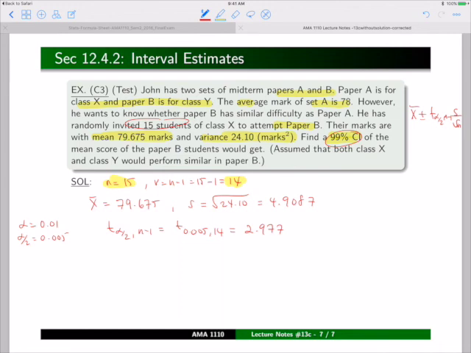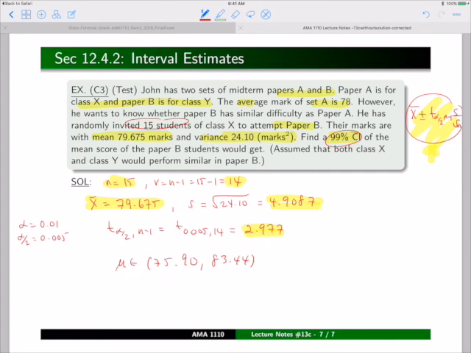So we plug it into our formula here, using all these values, s and x bar. And mu must be in between 75.90 and 83.44.